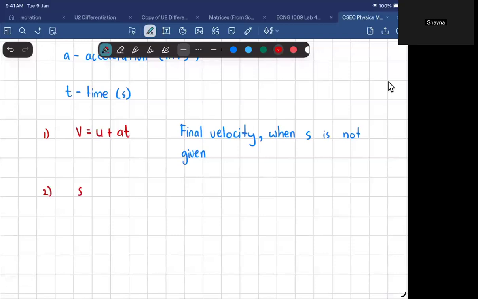Let's look at the second one. See if you can finish it. S is equal to UT plus what? Plus a half AT squared. And you think you can figure out when you would use this one?